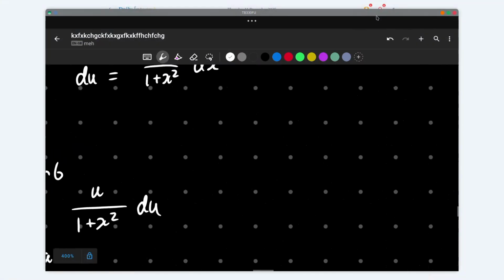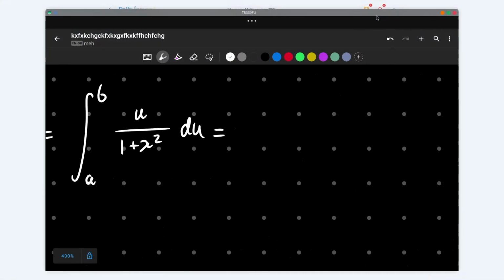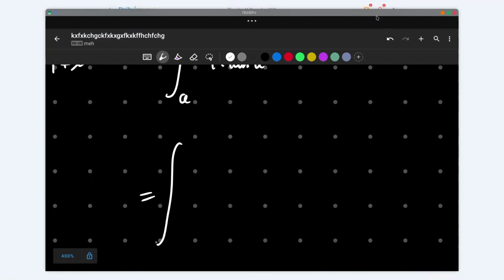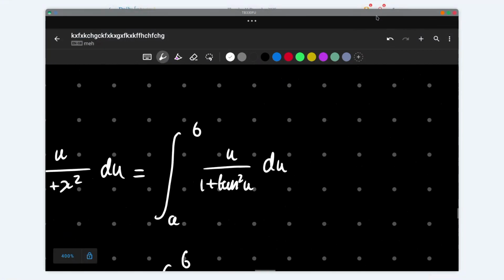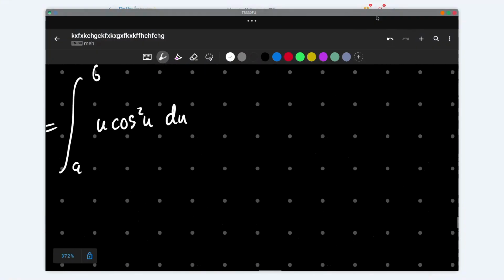That was not problematic at all. Okay. That would be u cos squared u du. Do I remember how to integrate this? I think it's by parts.